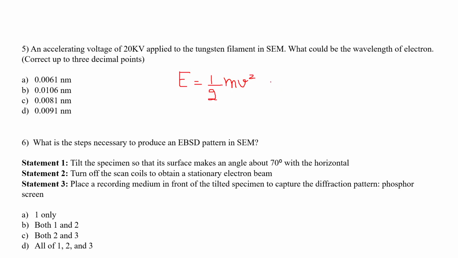If I want to write it in terms of momentum, then it will be small p square divided by 2m, and the energy is also given as eV, where V is your potential.